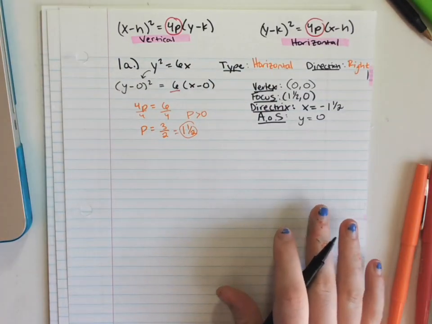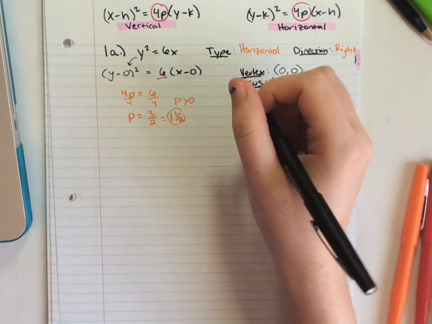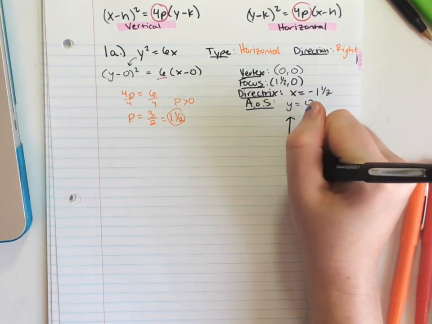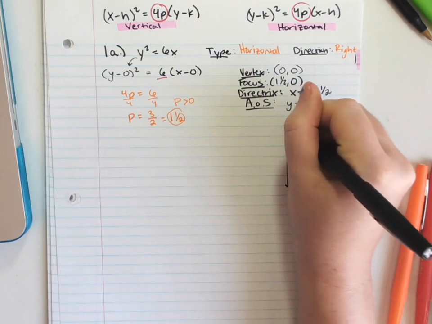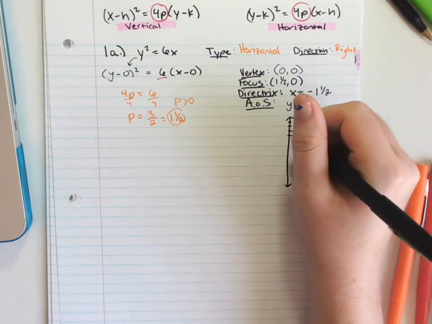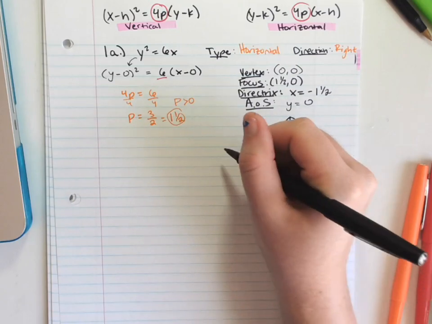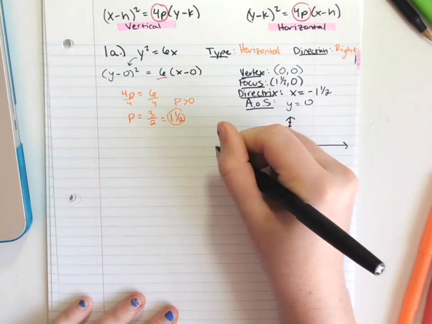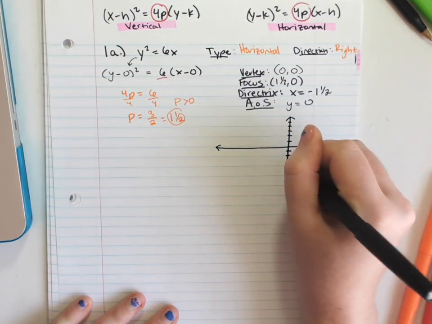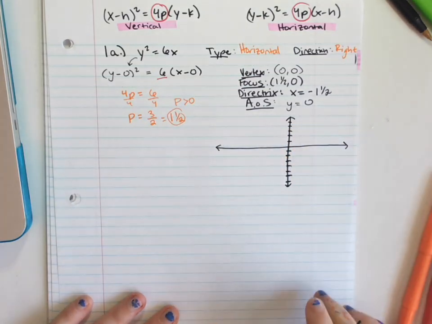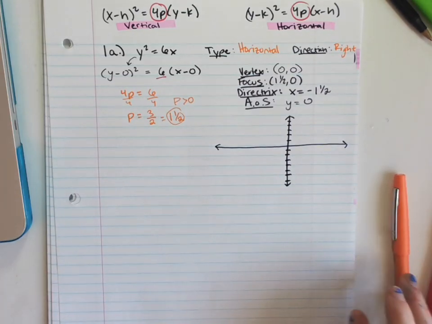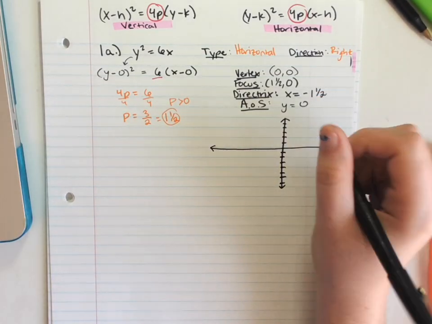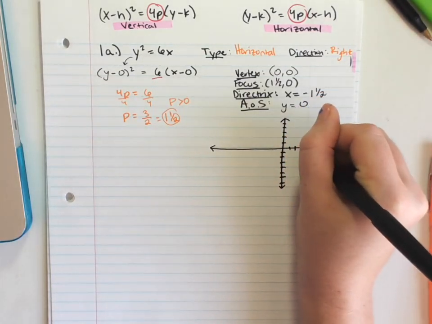So let's plot all of our important information. I should be using graph paper, but I'm not. I'm being very bad. Oops. Okay, so should do it here too.